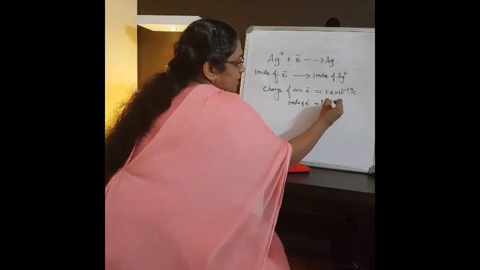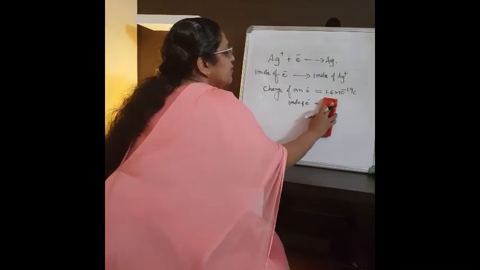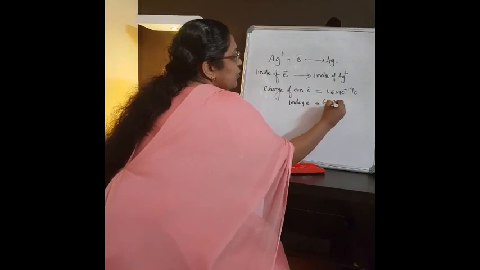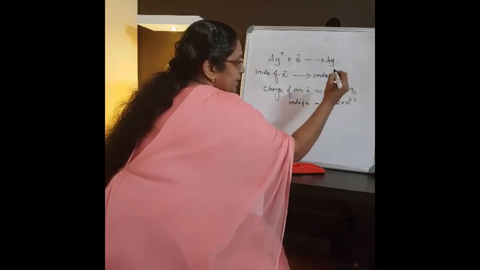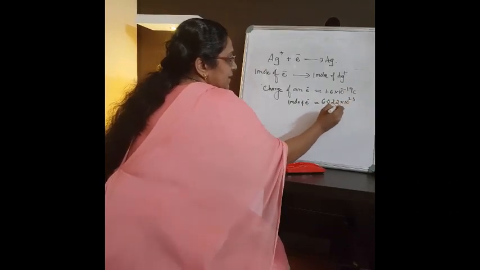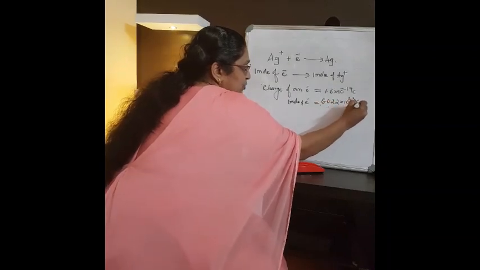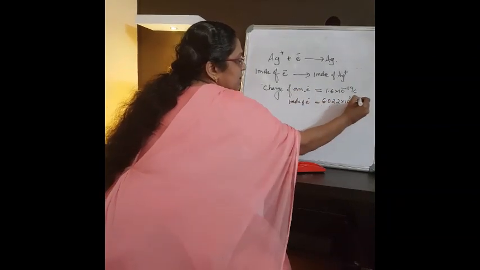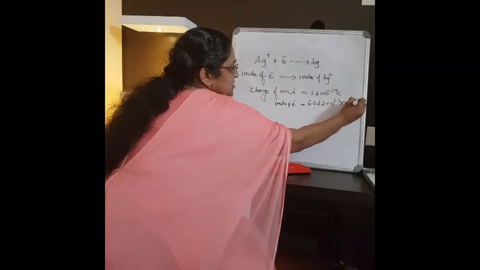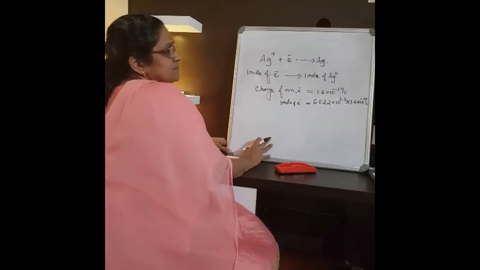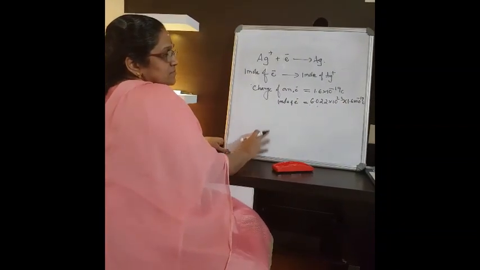So, Na or Avogadro's number. What is the value of Avogadro's number? That is 6.022 into 10 raised to 23. So, Avogadro's number into the charge of an electron, that is 1.6 into 10 raised to minus 19 coulomb. You got this?